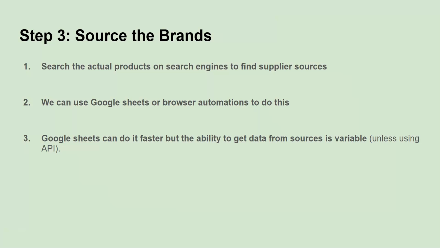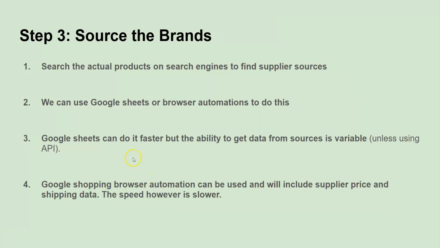I'm going to say it's variable, unless you're using some kind of API service that just knows how to get that data. But I do have some solutions I've built that will work for some websites, and there's also software, if you're willing to go in that direction, that can do it for even more websites. I'll get more into that in the future.